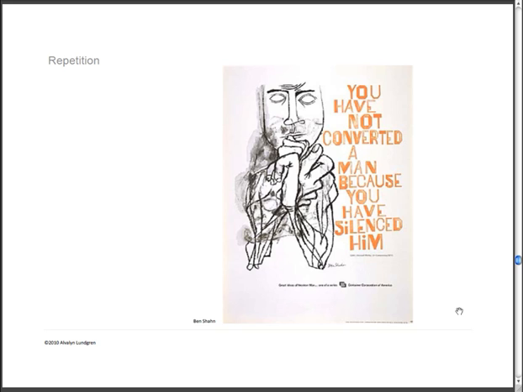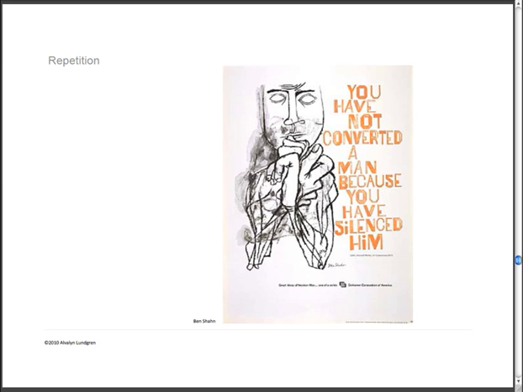Repetition in a design also will help flatten space. So obviously the letter forms and the color is repeated. And so the sentence, the statement here, all appears on the same visual plane. Repetition also of the curved lines in the arms and the hands helps convey the meaning of the frustration and the tension going on, illustrating this statement, but it also flattens the drawing, and the repetition of the lines and so forth.